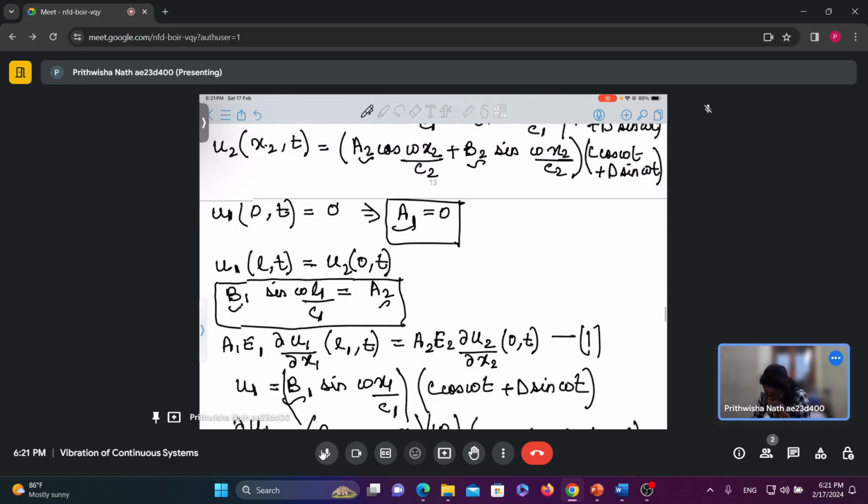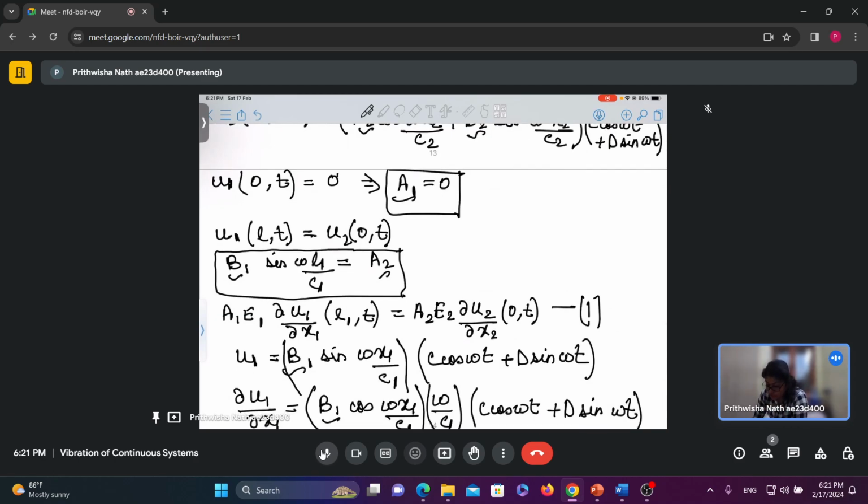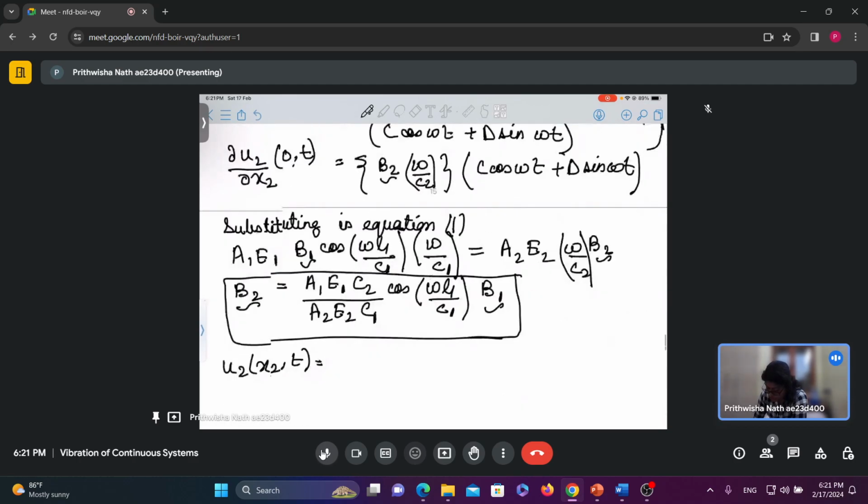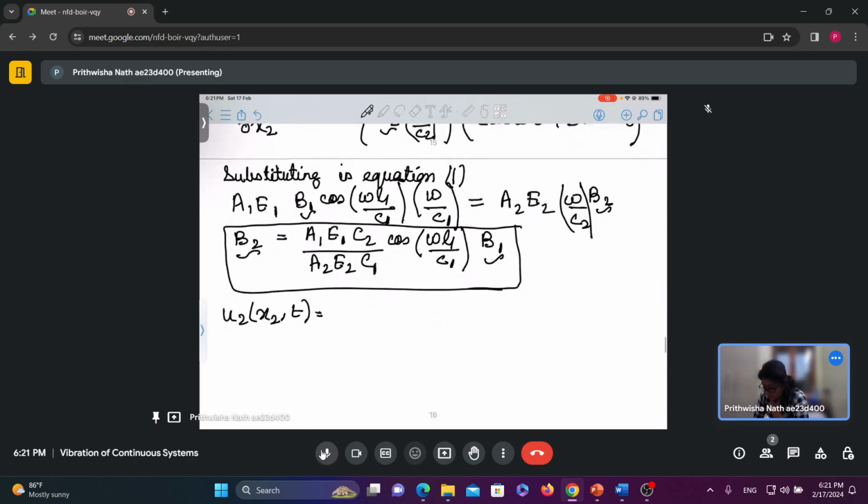So I know A2, I know B2 in terms of B1. So I can substitute this. First I will write down U2's expression again.